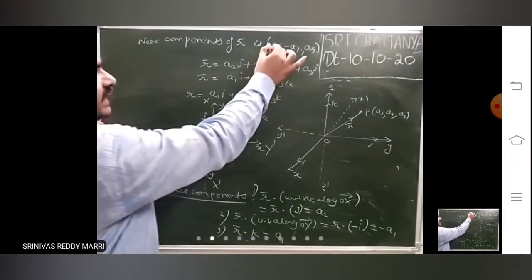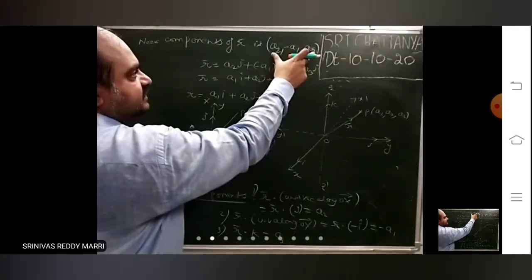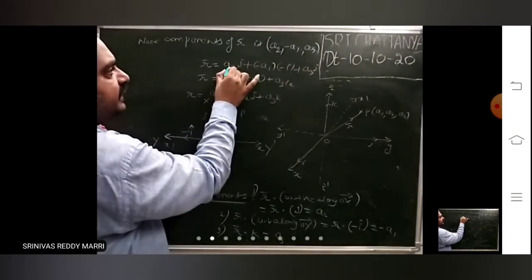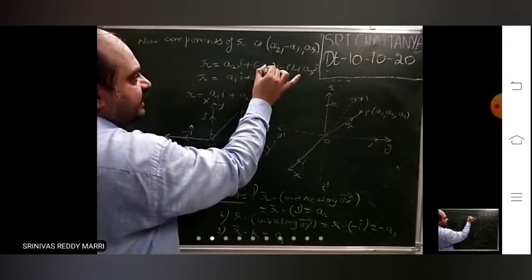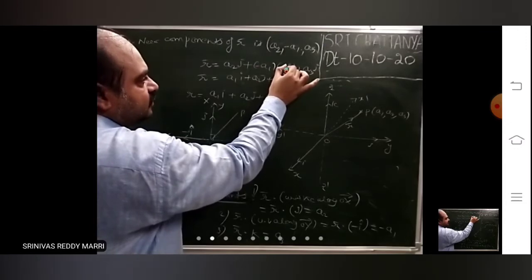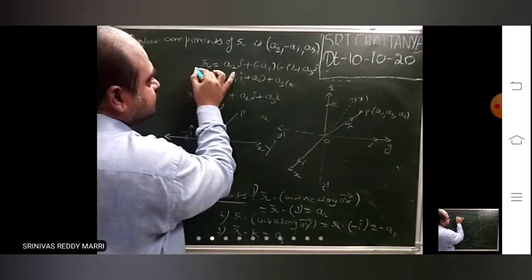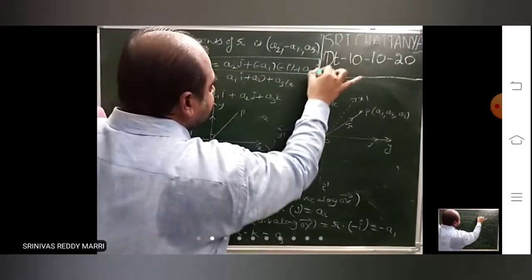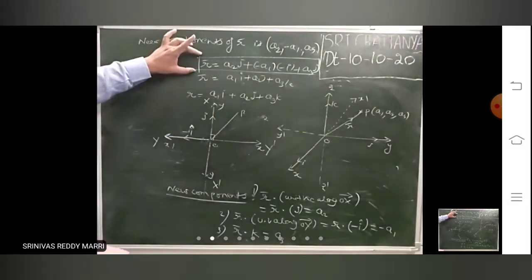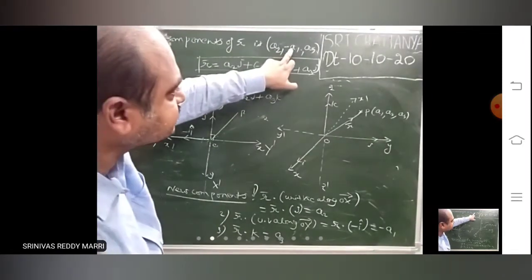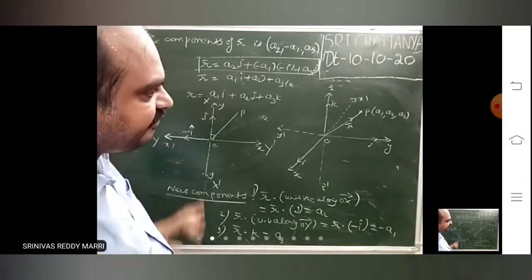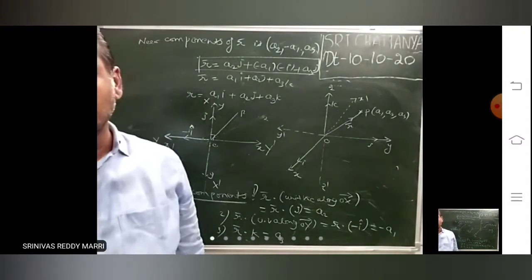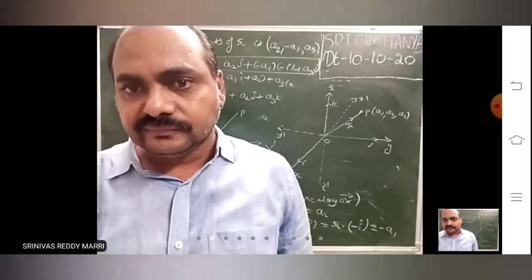Vector is not changing, but the components will be different because OX, OY, OZ are different.